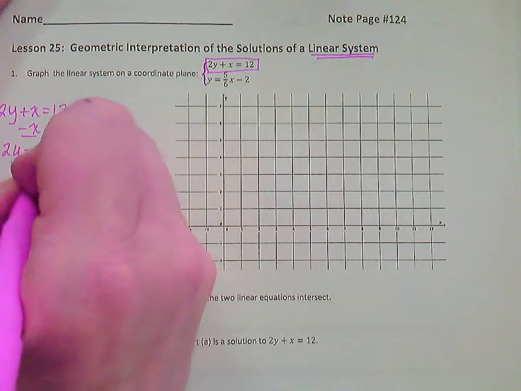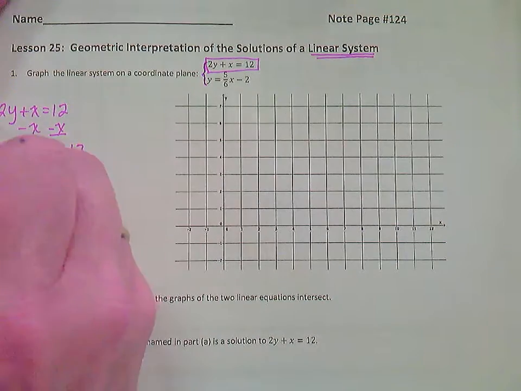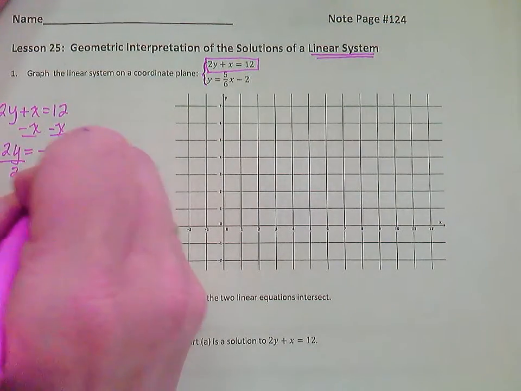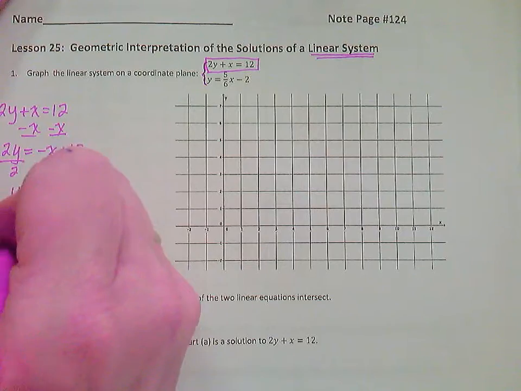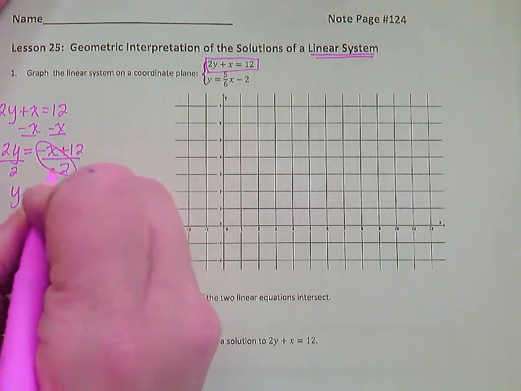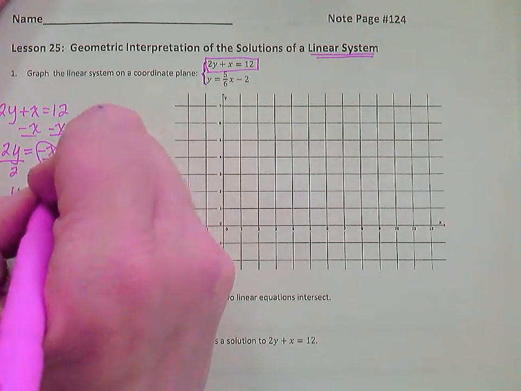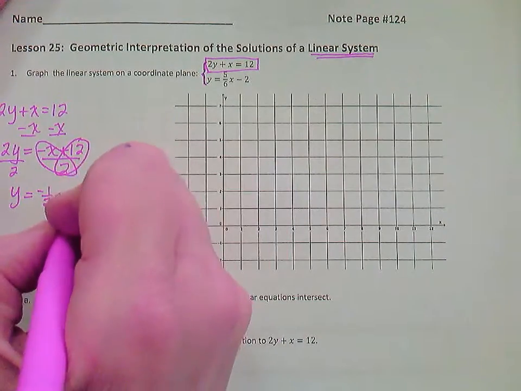I'm going to put negative x plus 12, so it's in slope-intercept form. Divide by 2 on both sides, remembering that I'm going to divide 2 this way, which gives me negative 1/2 x, and also this way, which gives me plus 6.